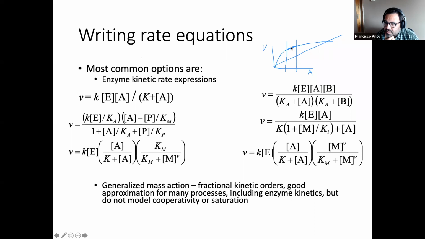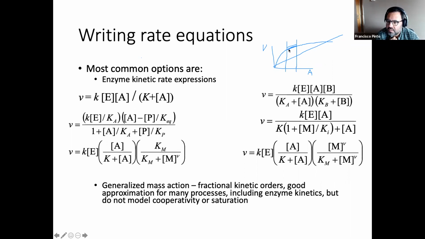So this segment of this curve, that is a hyperbole, is well approximated by a linear segment. So that's why many times, although we know that some processes are catalyzed and the rate saturates, within the range of concentrations of the reactants that happen in the system, it is not expectable to see the rate changing from this regime to this one here.